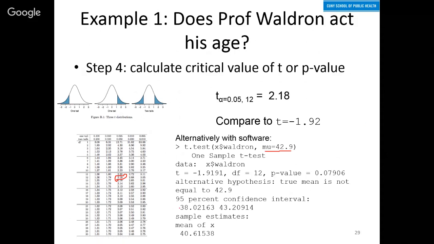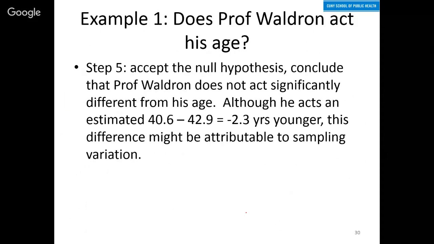The 95% confidence interval, which I didn't calculate by hand this time, was between 38 and 43 years old. So it just barely contains my true age. So finally, in step 5, we're going to accept the null hypothesis that I do not act significantly different from my age. I don't know if I'm happy about that or not.